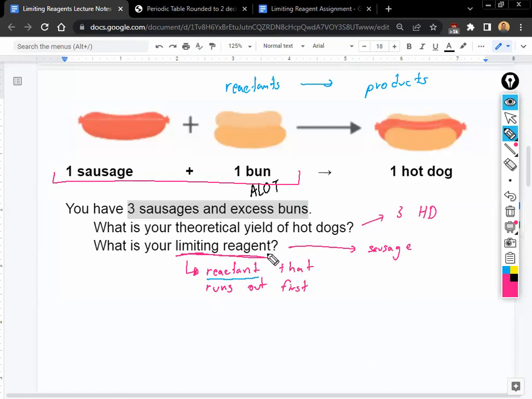They're not limiting reagents because they're not stuff we start with. It's always going to be a chemical on the left side of the arrow. Make sense? Pretty easy concept, right? It gets a little trickier as we start doing stoichiometry with it, but we're going to ease our way into it.